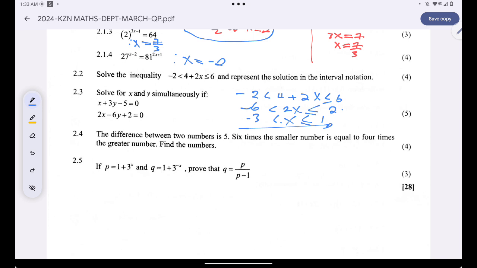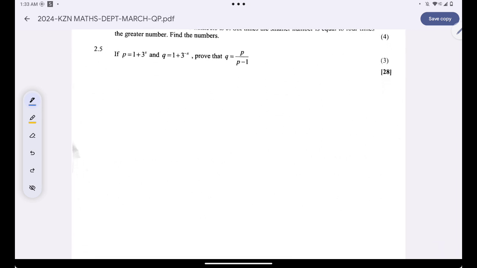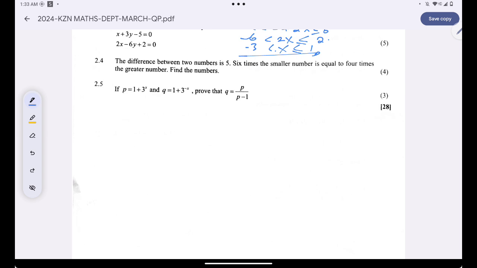And question 2.3, I'm supposed to solve for x and y simultaneously. What do I have? I have x plus 3y minus 5 equal to 0 as my first equation. Then I have 2x minus 6y plus 2 as my second equation.